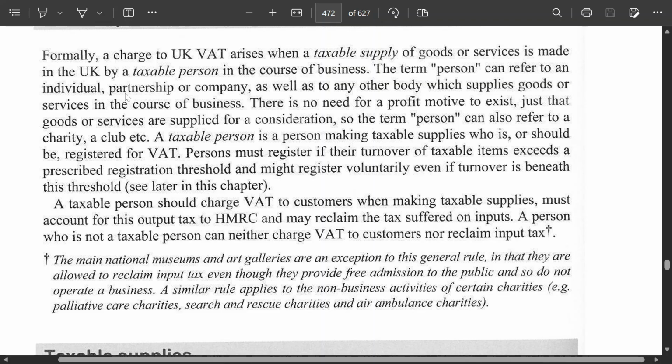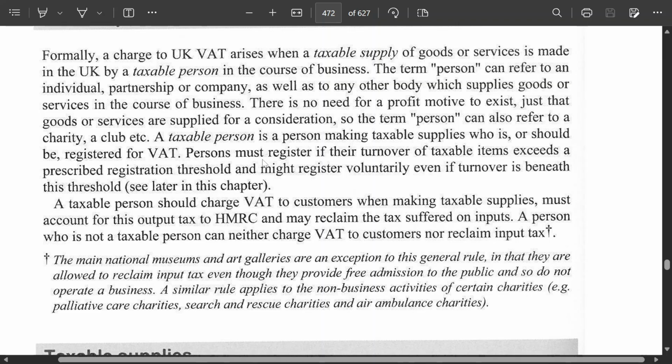Partnerships are not normally considered legal persons in the strict sense. But here, in the case of VAT, the definition of a person is very broad. It's pretty much anyone selling anything for a price. Okay, anybody selling anything for a price is basically chargeable to VAT. There are some exceptions like museums and art galleries, etc.